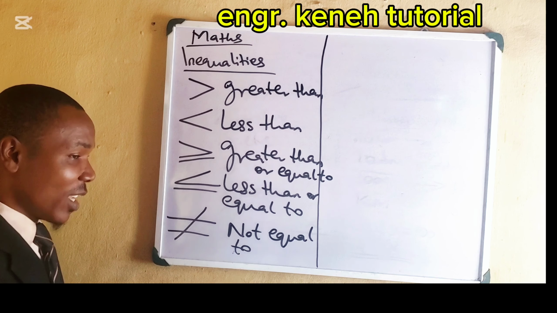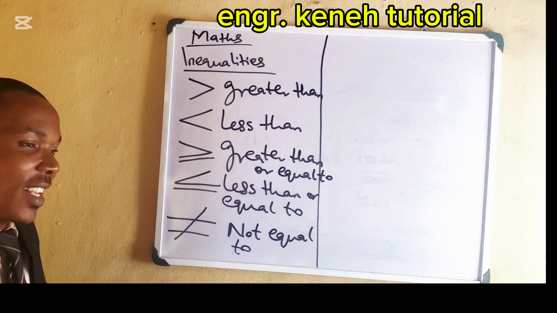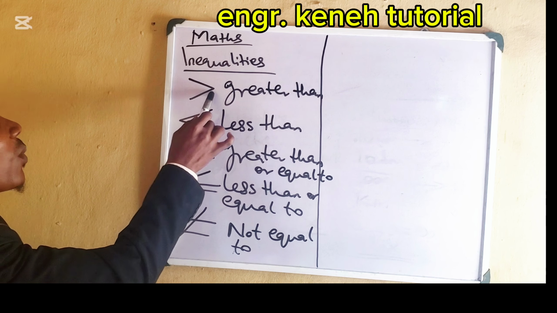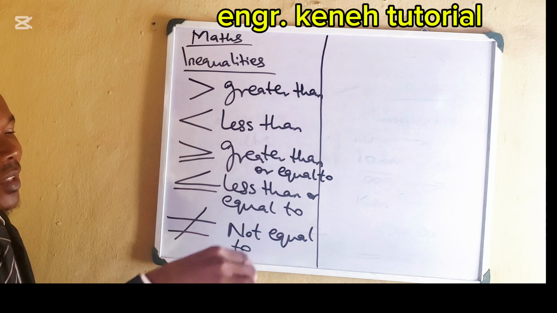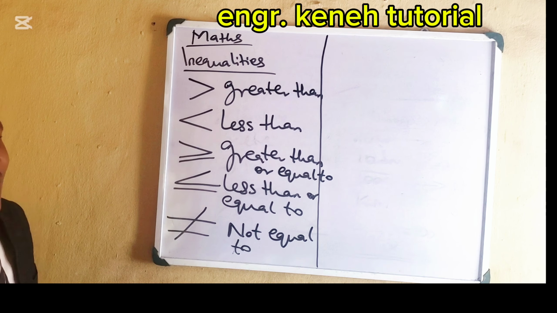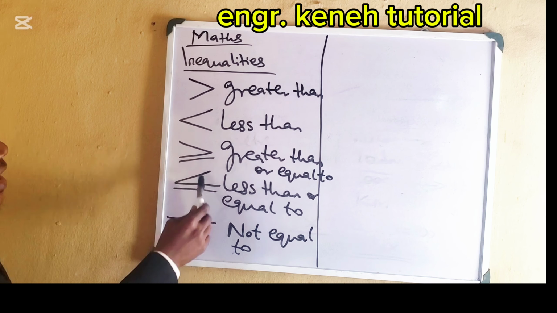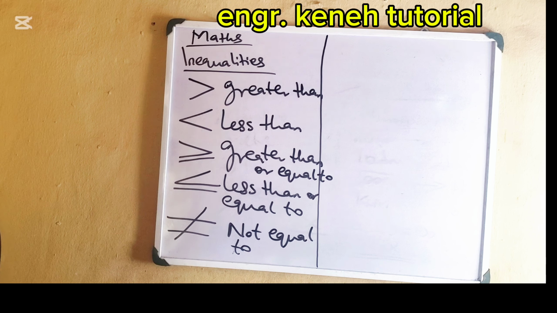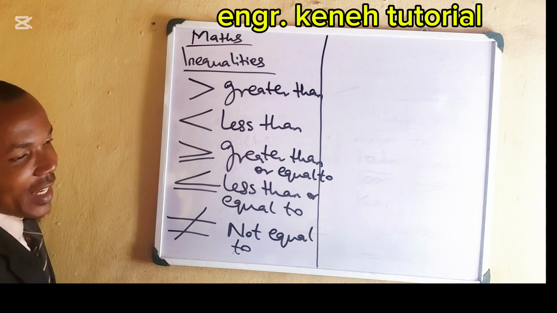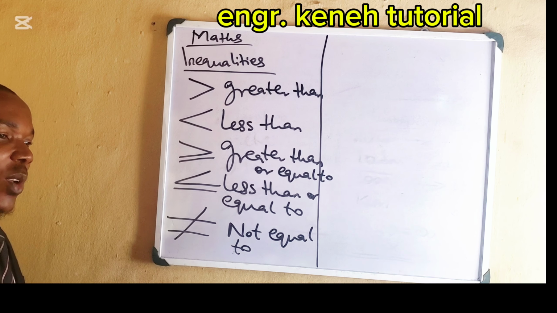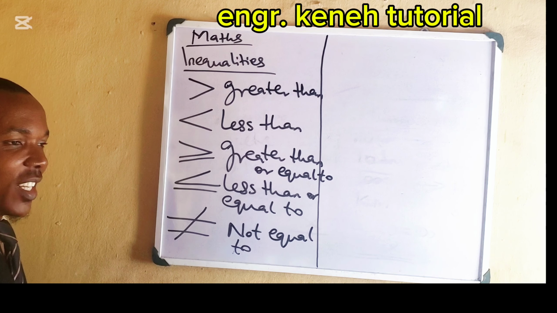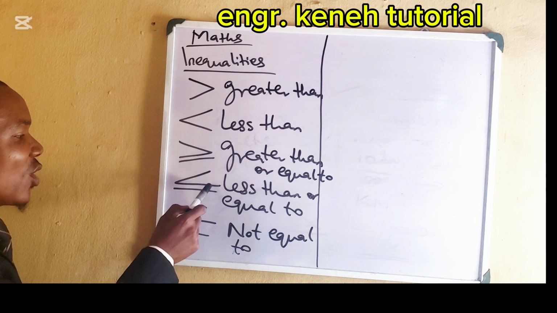It means that x can be 7 or x can be less than 7. But if you don't have equal to here, that means that it cannot be that thing. It can either be greater than that or less than that. It can be equal to that when you have this sign here. Can you see that? Depending on whether it is this or that.